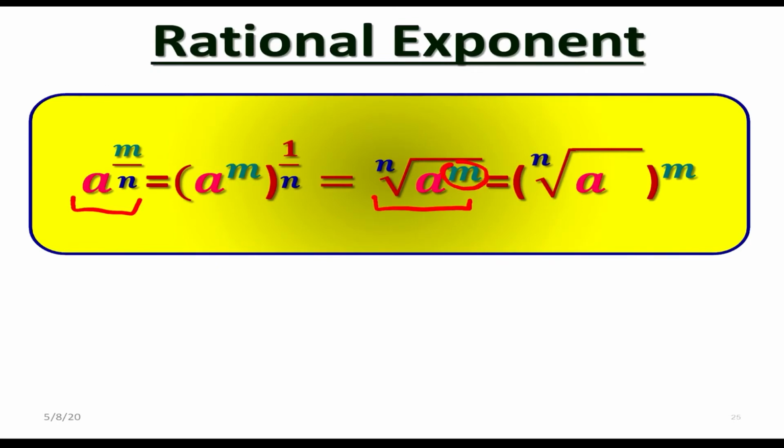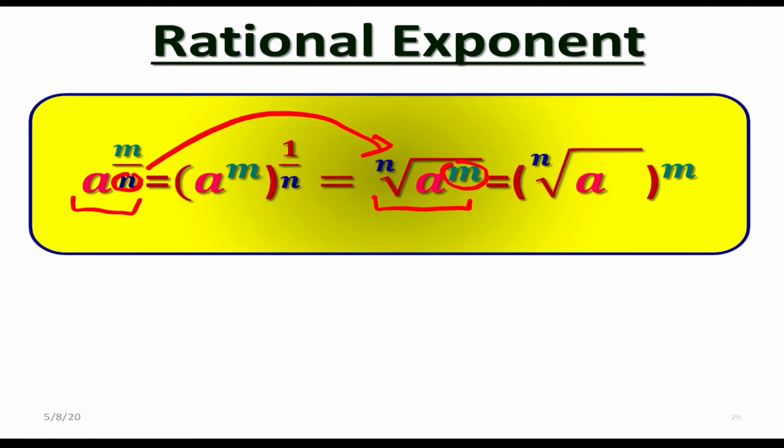All you need to remember is that the top number m raises the base a to the power, and the bottom number n takes the root of this base a. So this is a very practical and very important formula in math.